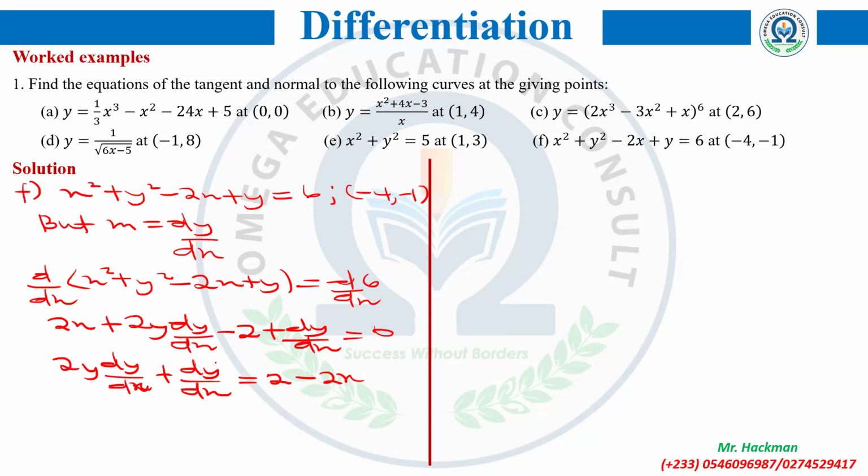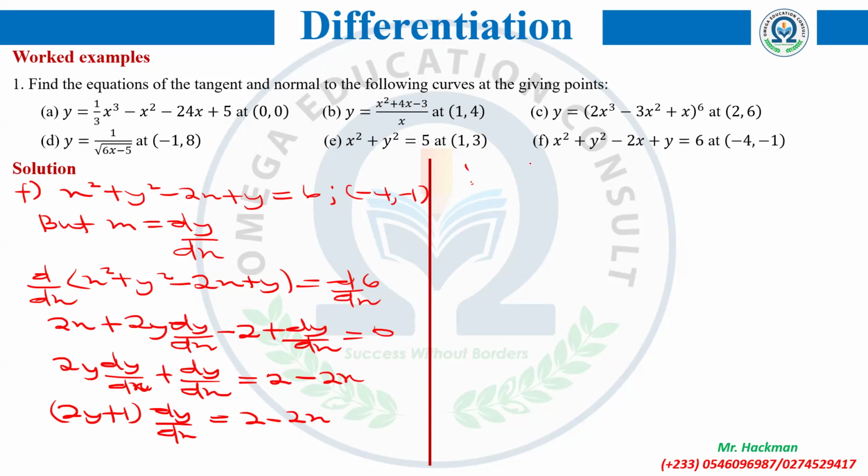So at this point, what do we have? We are going to factor out your dy dx. So that will give us 2y plus 1 times dy dx will be equal to 2 minus 2x. So you write it again before you divide.